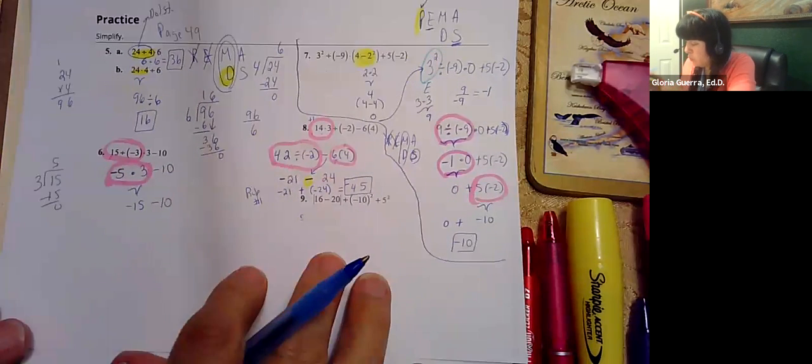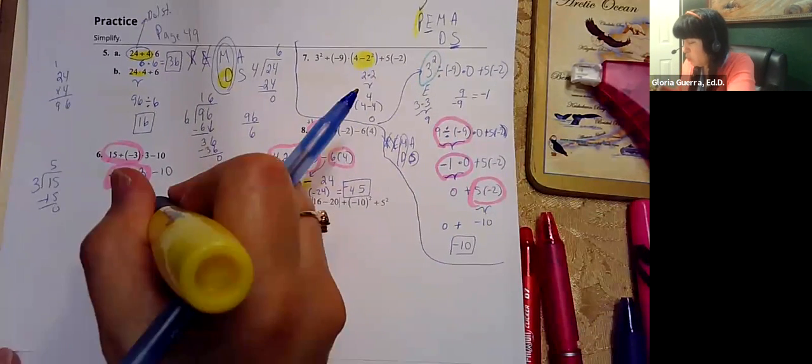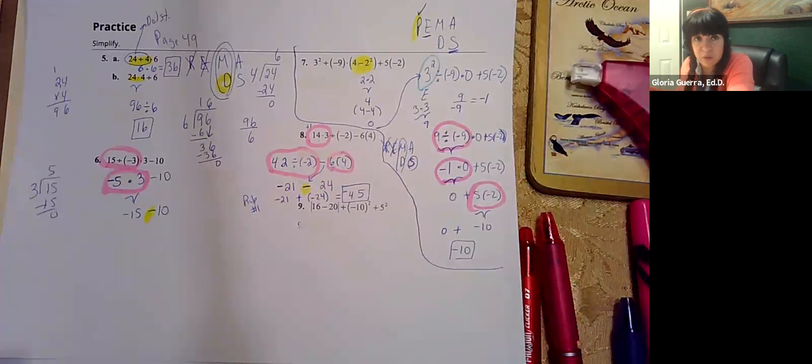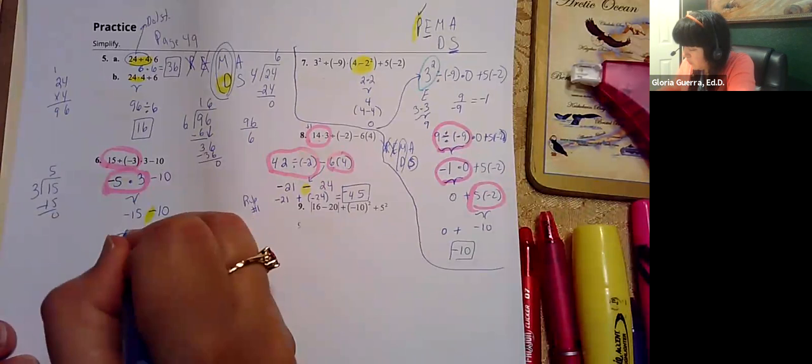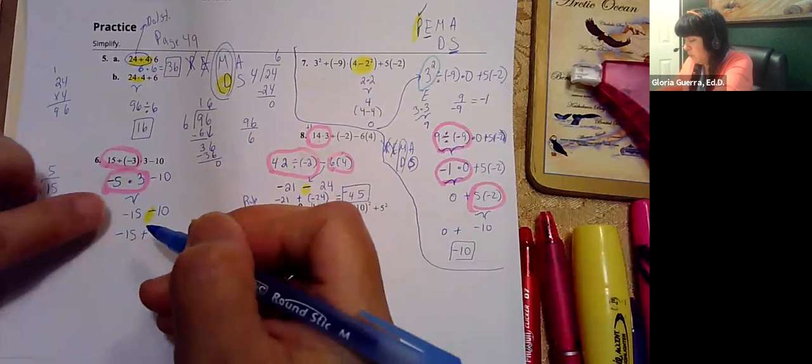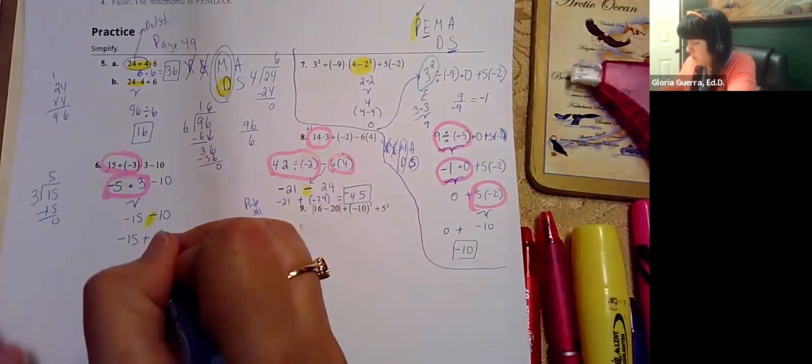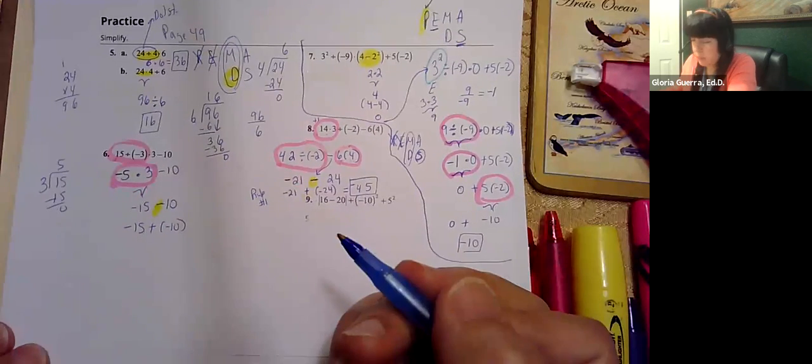And now we're subtracting signed numbers. So they're going to want you to rewrite it as an addition problem with the opposite. So this is going to be -15 plus, and the opposite of 10 is -10.